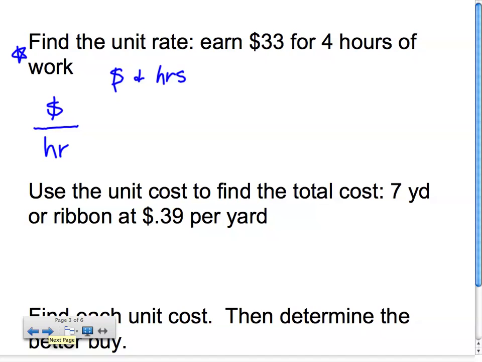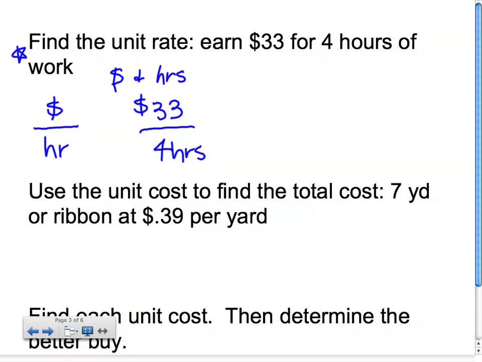We like to put money on top. In this sample, we earned $33 in 4 hours. The unit rate we're looking for is per hour. If we made $33 in 4 hours, how much money did we make in 1 hour? Or how should we get paid per hour?